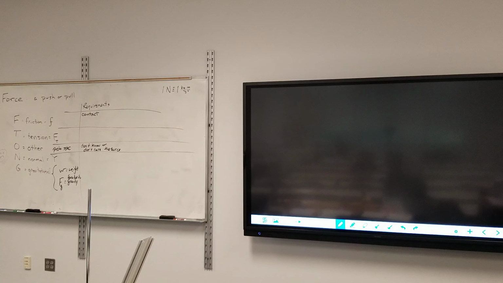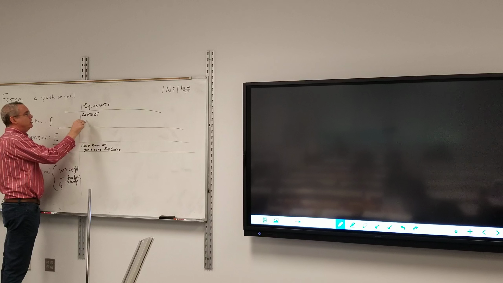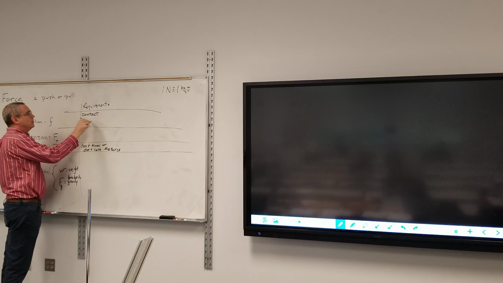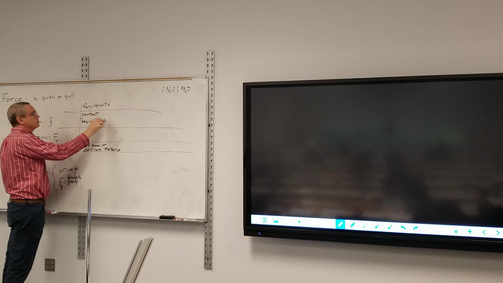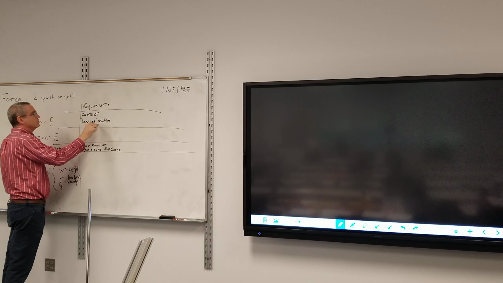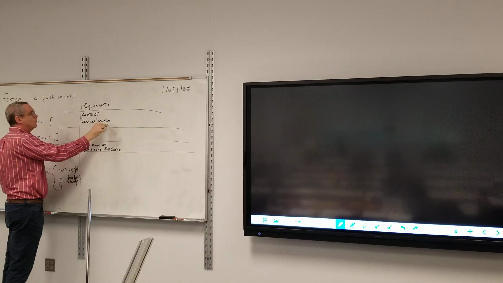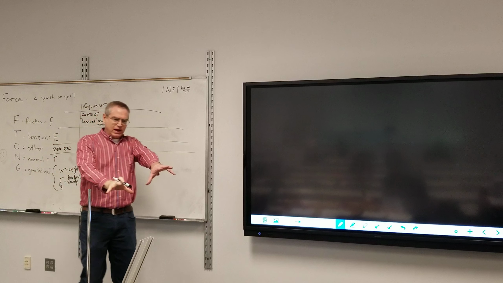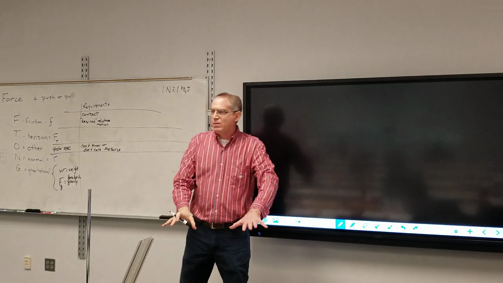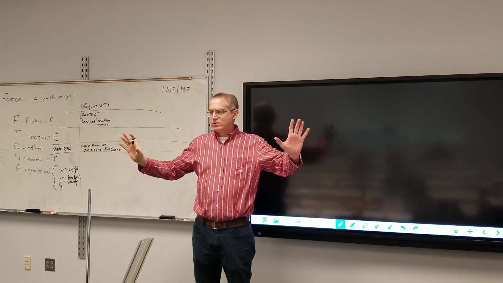The other requirement is that there is desired, in quotation marks, relative motion. What I mean by that is, if it were frictionless, would it move? So right now, if the carpet underneath this table were frictionless, would the table move as is?